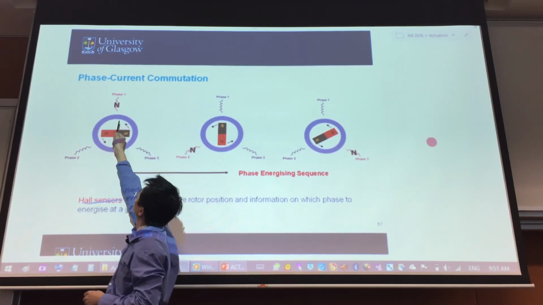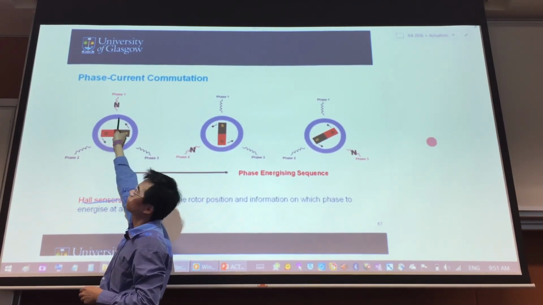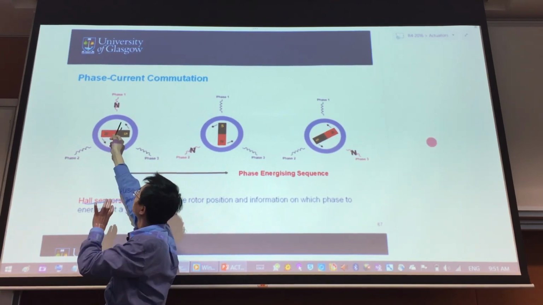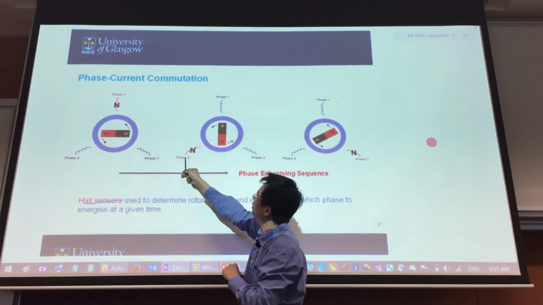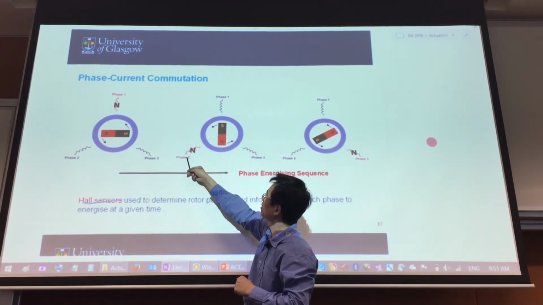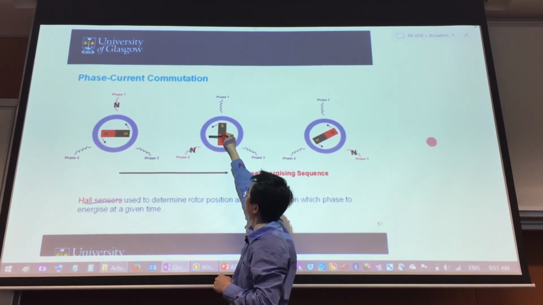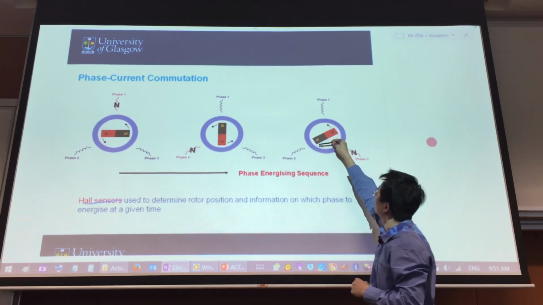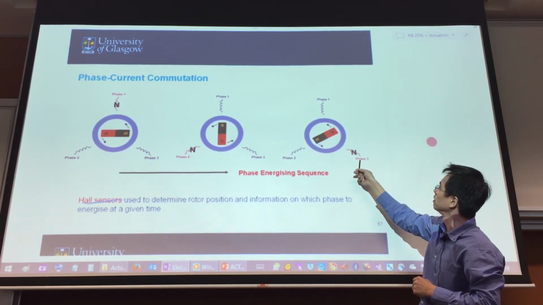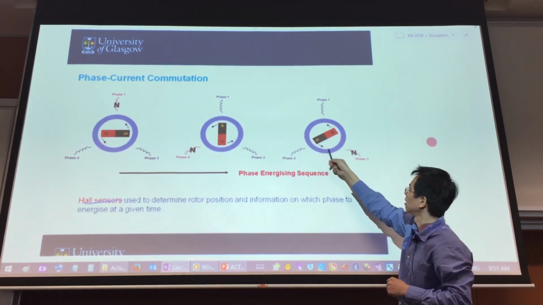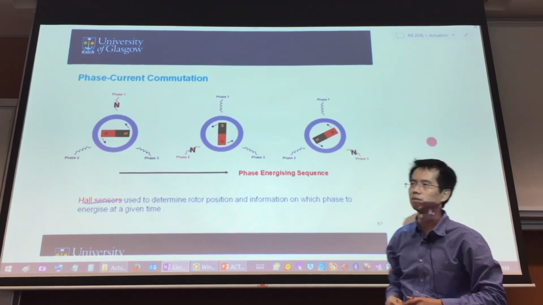If it's energized to be a north pole, the south will be attracted to it. Then I energize the next coil, make it a north pole, and the south will continue its journey to get attracted to it. And then I energize this one as the north pole, and the south continues to get attracted to it.